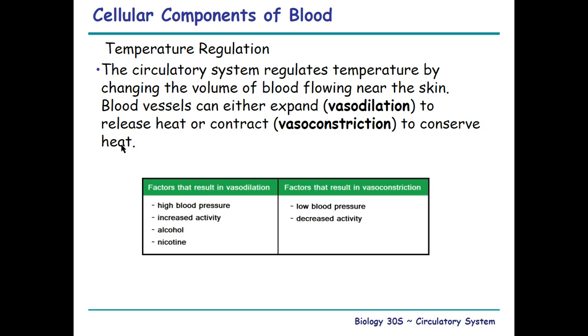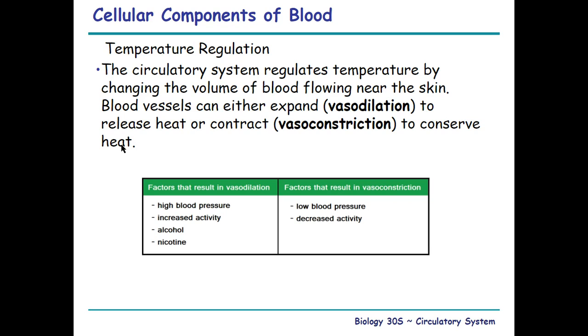Temperature regulation for cellular components of blood. The circulatory system regulates temperature by changing the volume of blood flowing near the skin. Blood vessels can either expand, that's vasodilation, to release heat, or contract.